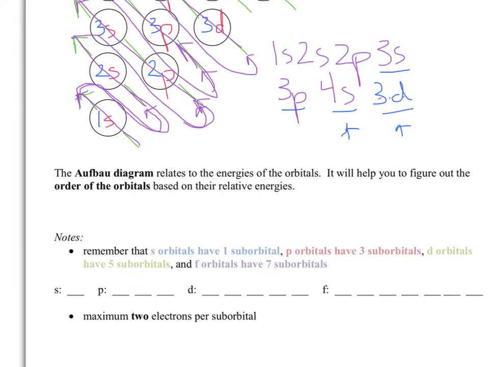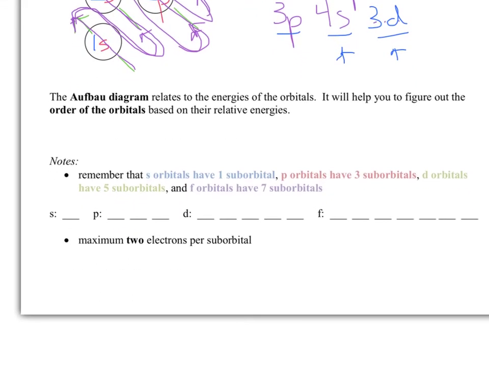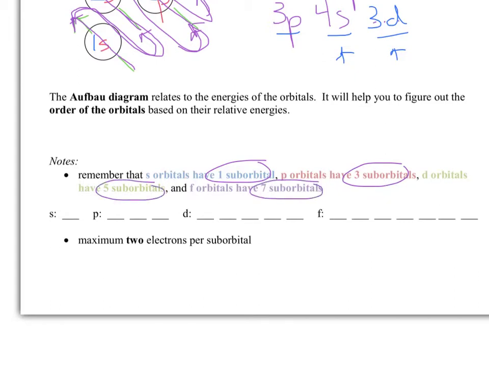We also have to remember a few things when we are drawing energy level diagrams. S orbitals always have one suborbital, p orbitals have 3, d orbitals have 5, and f orbitals have 7. So when we draw them, we're going to use lines to represent each suborbital within the orbital.